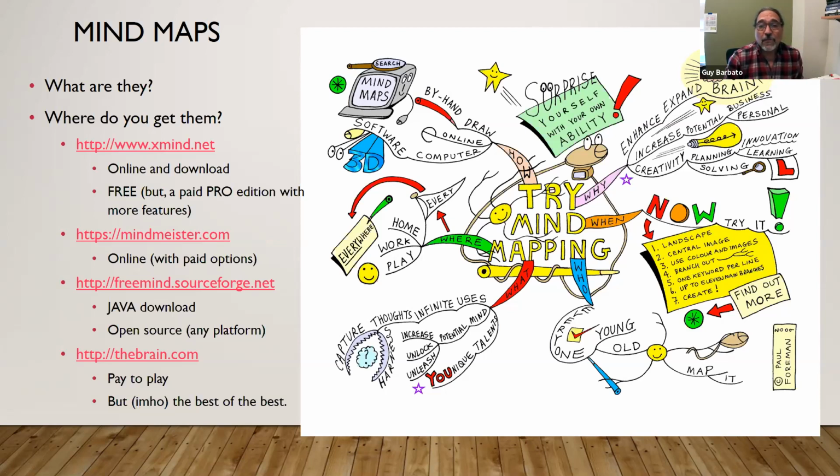And of course, being open source, it's free, which is one of my favorites. Free is really important. And then I'll show you my absolute favorite one that I use quite a bit. It's called the Brain, and I'll show you that one in just a moment. So let me swap my sharing screens here and go to my web browser, which will allow us to look at a couple of different things.